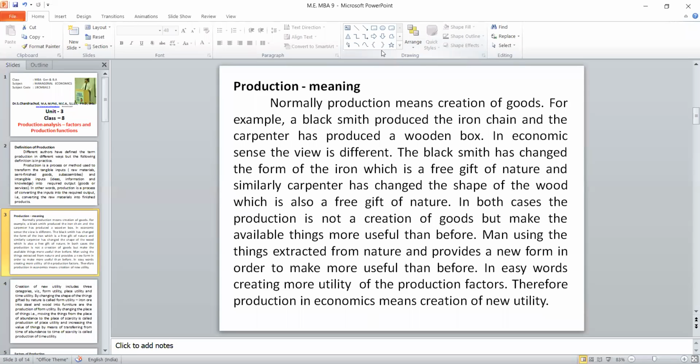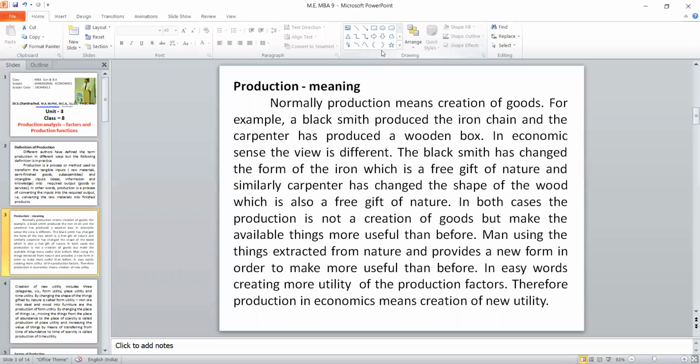He is changing the shape, making it into different pieces and connecting them into the required shape. Then it will become a chair or a table. So here production is nothing but changing the shape so that the purpose of the requirement is achieved.